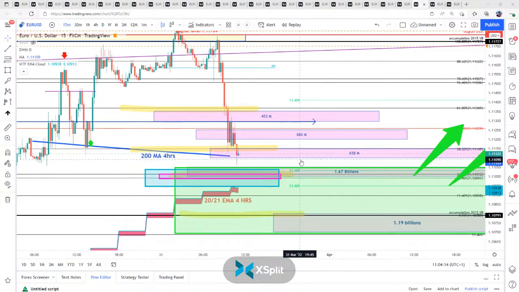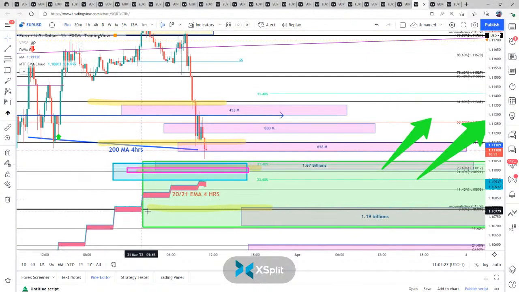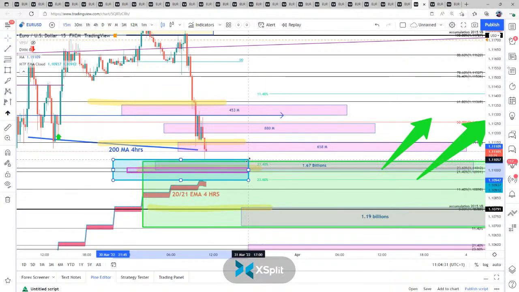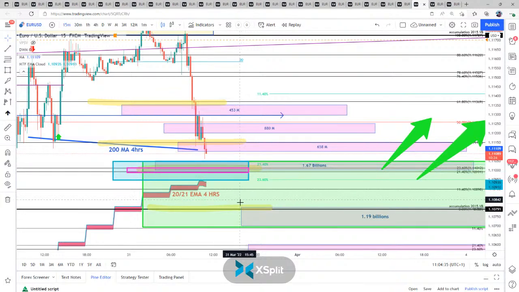Okay, so now we just wait. It's lunchtime, but I will stay there because I don't want to miss that. Just to repeat again, we have this first important area here, and the second important area there.